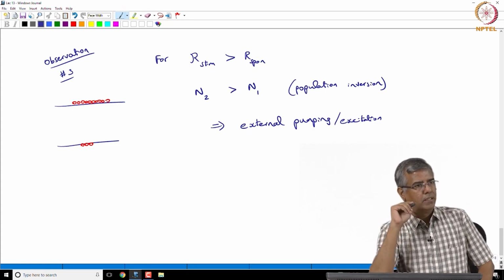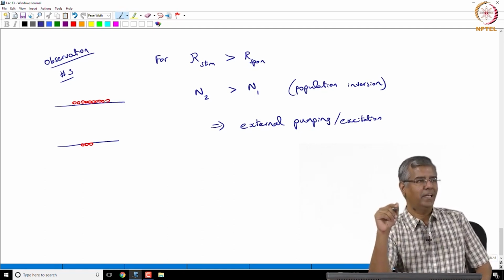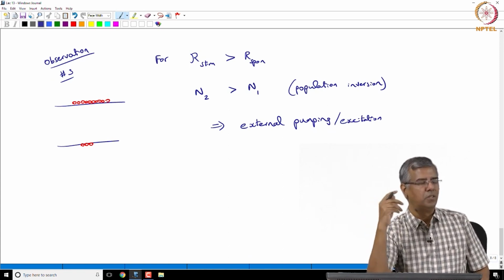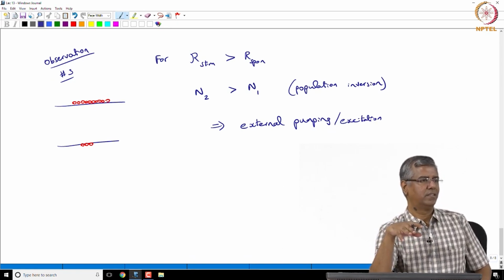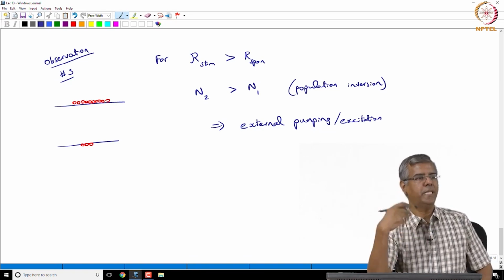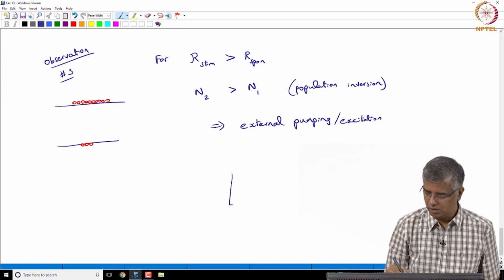We are saying that to get gain, optical gain, or in other words multiplication of photons in a medium, you need stimulated emission, right, and to get stimulated emission you need external excitation.